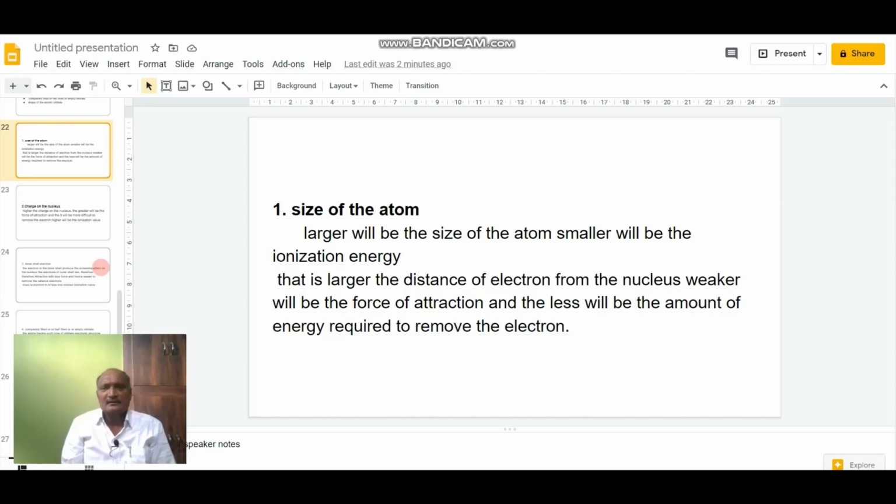That is, a larger distance of the electron from the nucleus weakens the force of attraction, and less energy is required to remove the electron. So the larger the size of the atom, the smaller the ionization energy.